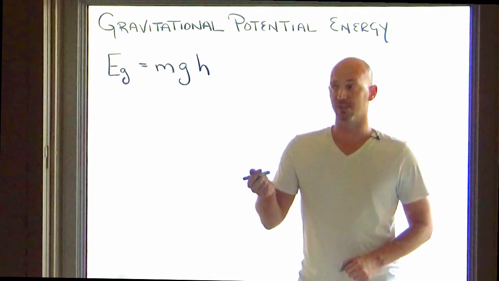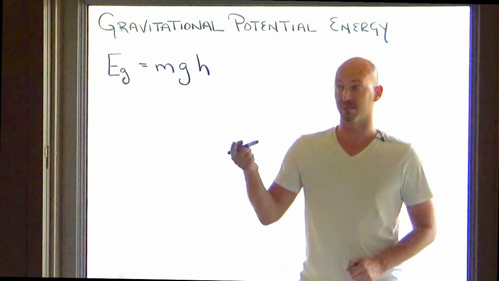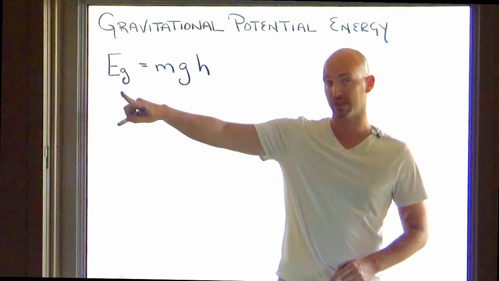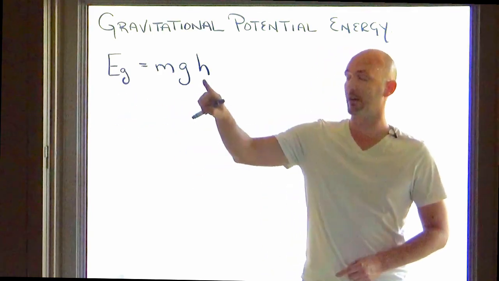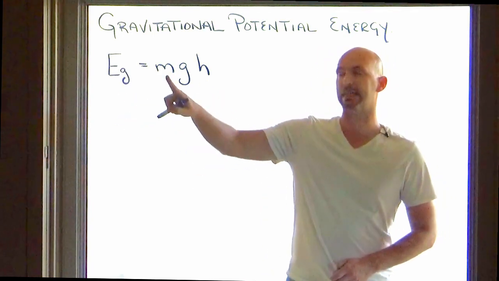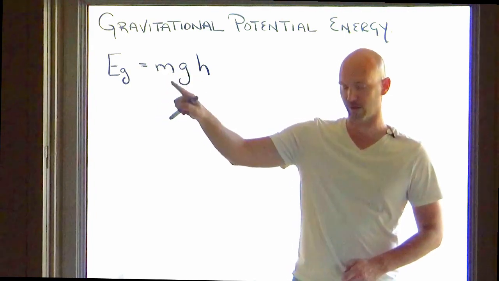The final type of question you can ask yourself about gravitational potential energy is, if I know a particular amount of energy and I know how high I need to throw that object, exactly how much mass can I throw?